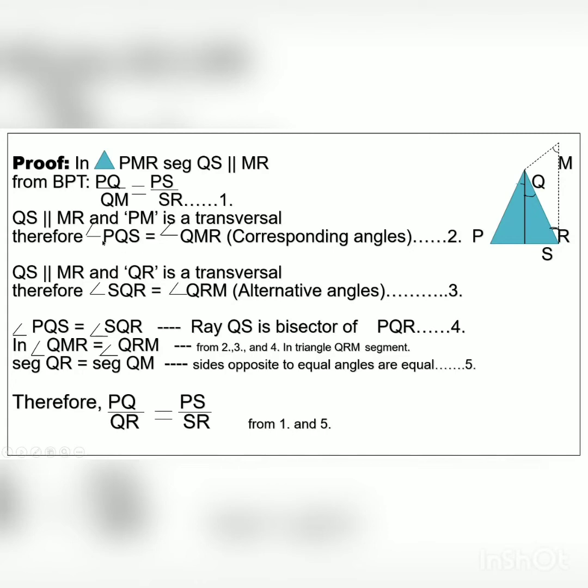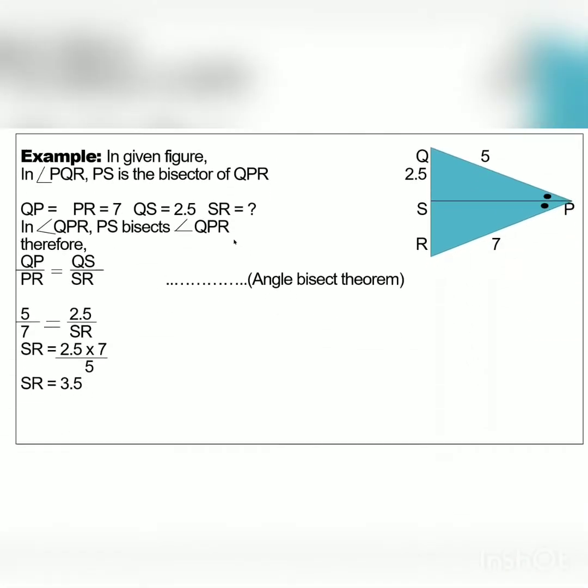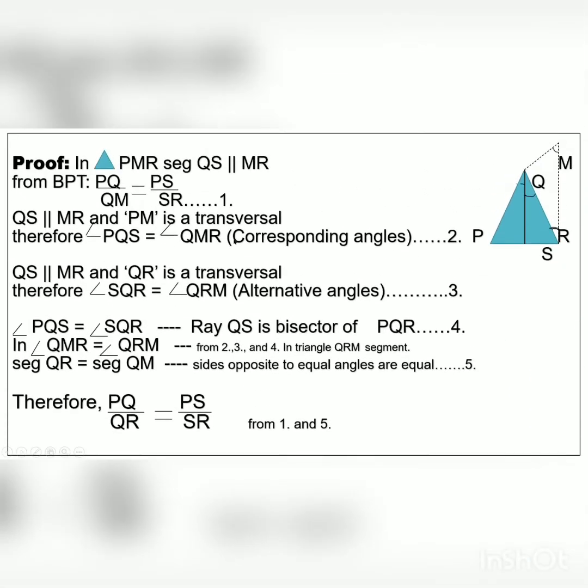So we show angle PQS is equal to angle QMR. Reason is corresponding angles. This is our equation number 2.